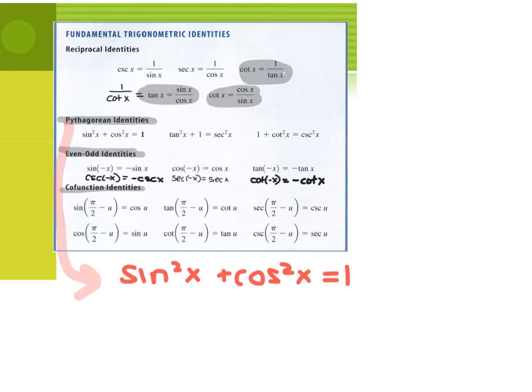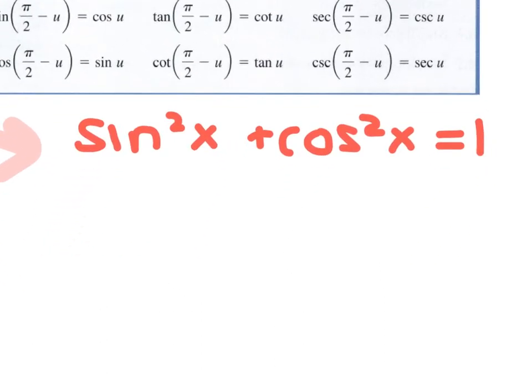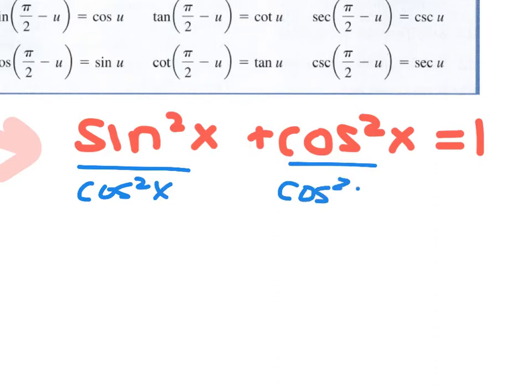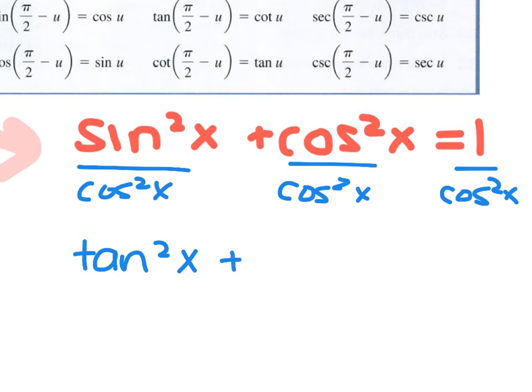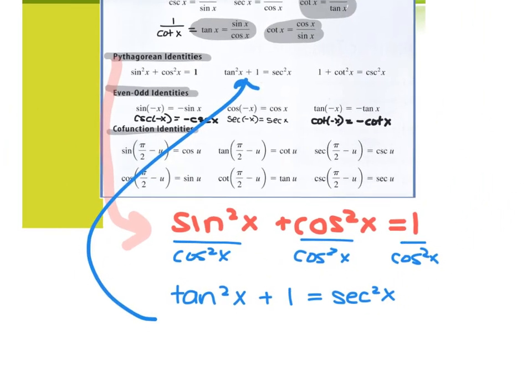So if I take that first one and I divide all of them by cosine squared, what is sine squared over cosine squared? Tangent squared. What is cosine divided by cosine? And what is 1 over cosine? So notice that that is your second identity.